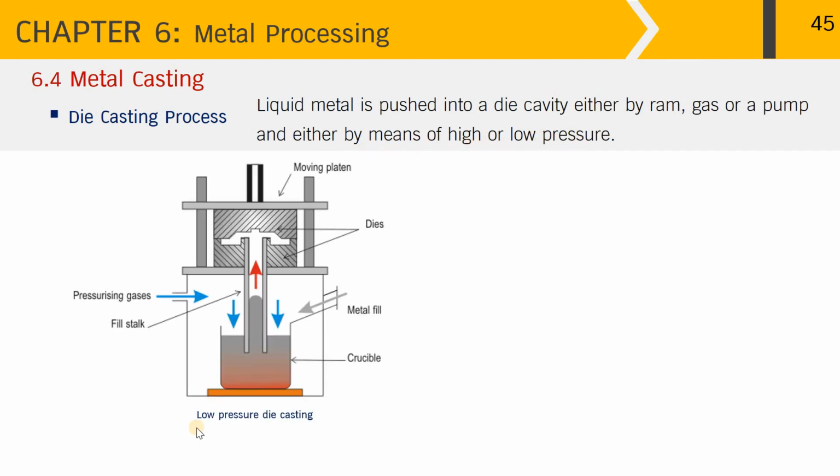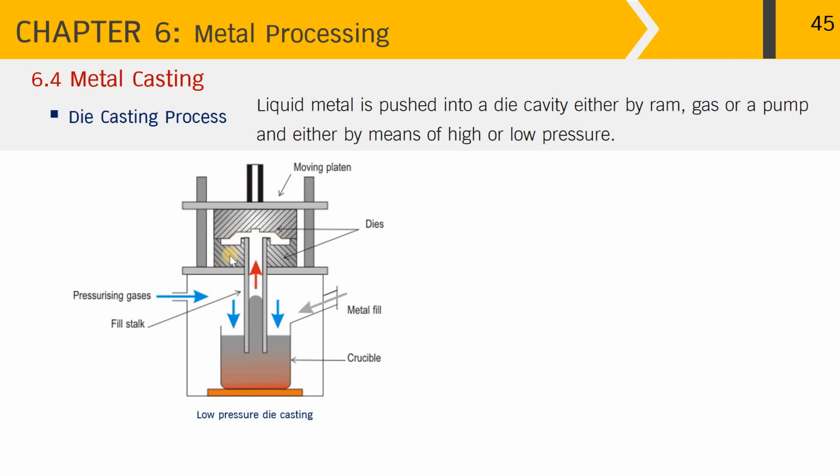The picture on your left hand side here shows the diagram of low pressure die casting. As you can see over here is the crucible where the metal is melted while feeding from the top over here, and by applying pressurized gas into the chamber, the molten metal will go up through the stalk and fill in the die cavity over here.